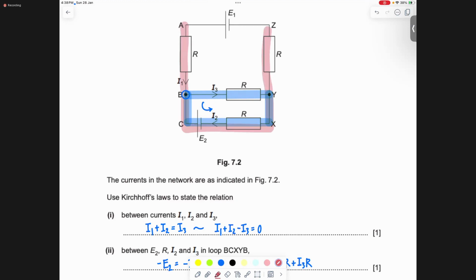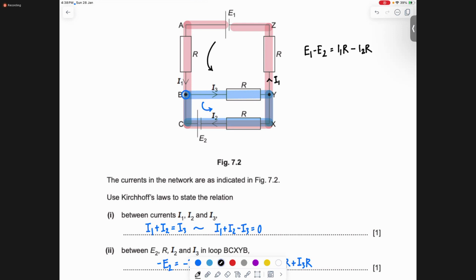Next is ABCXYZA, also the whole thing. So they want an equation based on the whole loop. Let's take the loop the other way this time. It doesn't matter. So what will the sum of EMF be here? It should be E1 if I take my loop that way. Should it be E1 minus E2 or E2 minus E1? Yes, correct, E1 minus E2 should be equal to, I1 matches my loop, so I1 R, but I2 does not match, so minus I2 R. And what will this be?